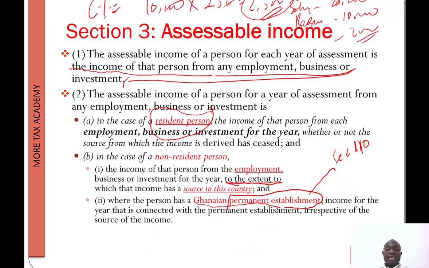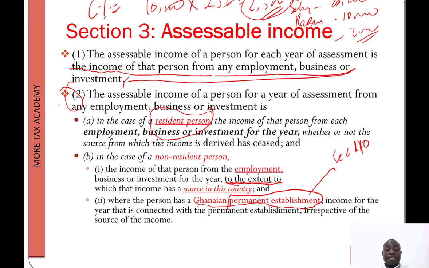We also try to understand the assessable income. We say that the assessable income is the income from employment, business, and investment. But when it comes to resident and non-resident, there's the need for us to distinguish it. And this subsection 2 is the basis for the jurisdiction to exercise our rights over some people's income.